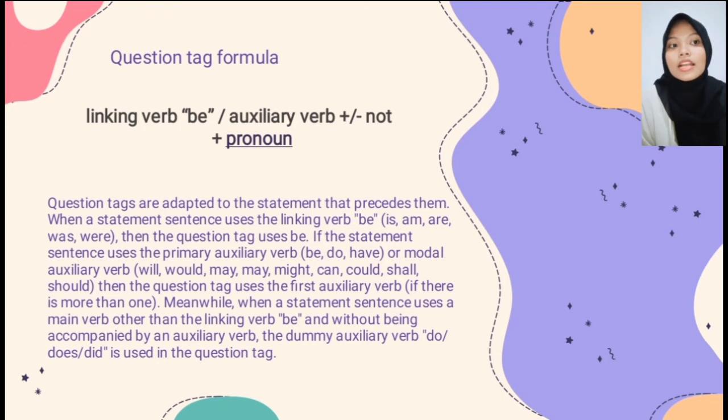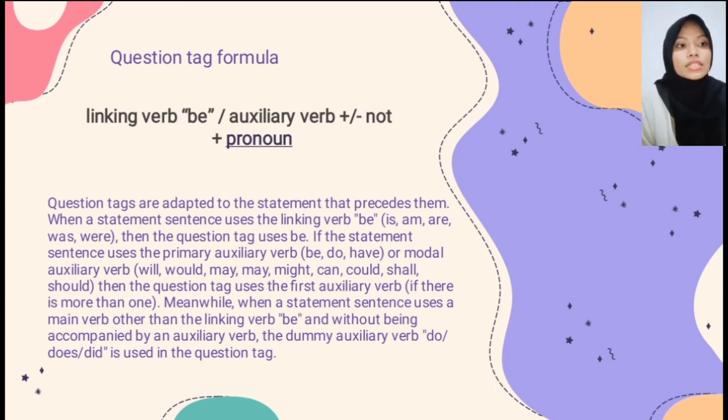Question tags are adapted to the statement that precedes them. When a statement uses the linking verb be, is, am, are, was, were, then the question tag uses be. If the statement uses the primary auxiliary verb be, do, have, or a modal auxiliary verb will, would, may, might, can, could, shall, should, then the question tag uses the first auxiliary verb if there is more than one.